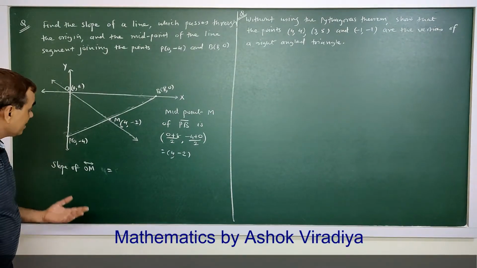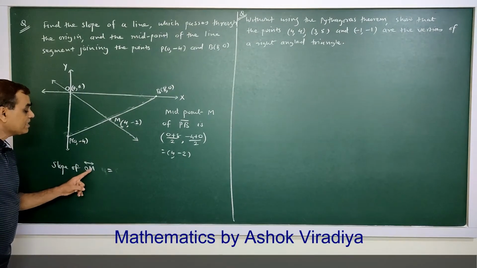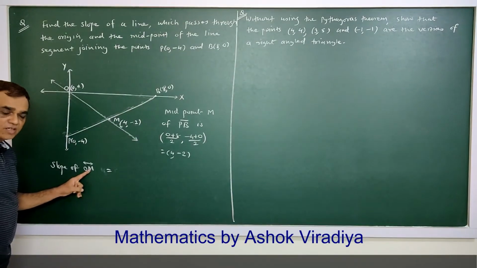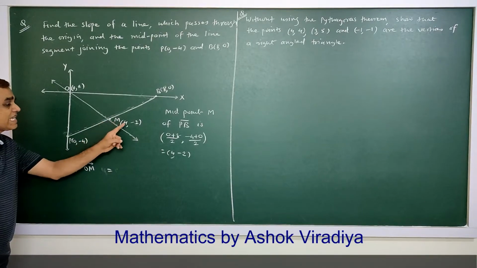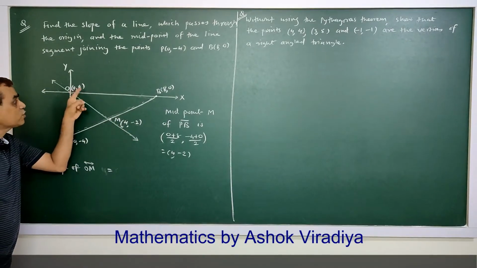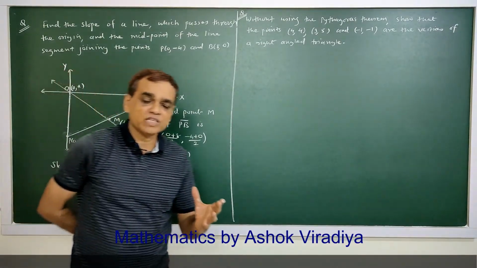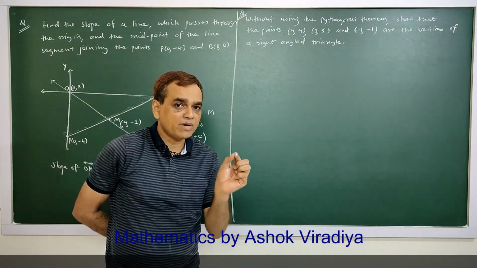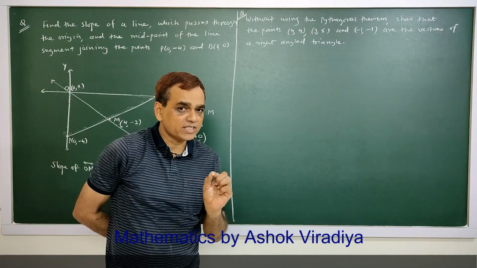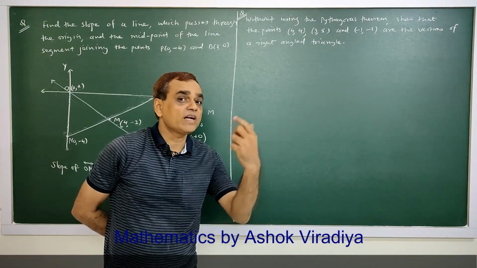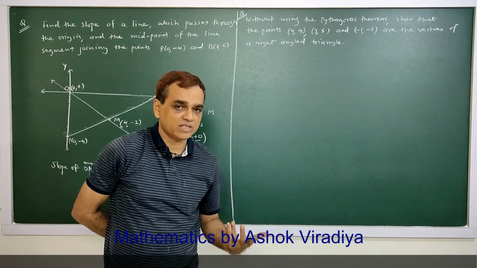It's not compulsory that O is x1, y1 and M is x2, y2. Slope is y1 minus y2 upon x1 minus x2, or y2 minus y1 upon x2 minus x1.